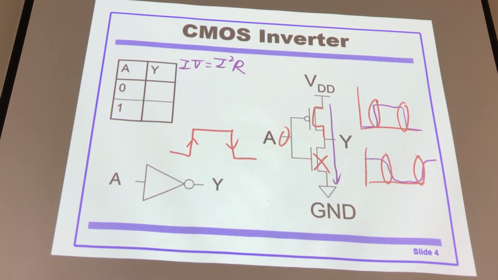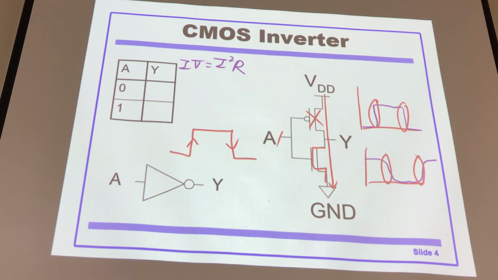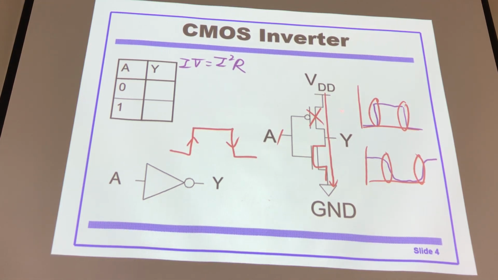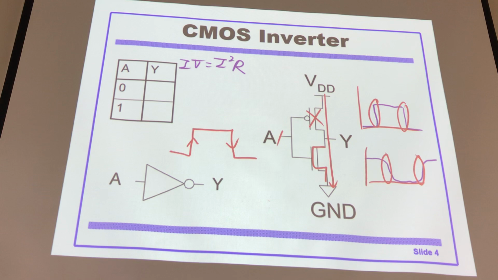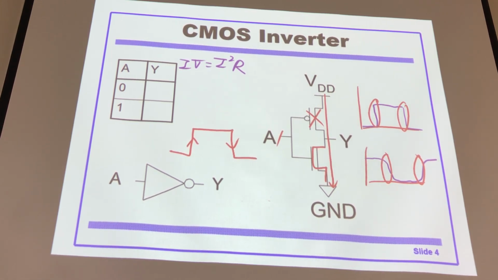And when A is 1, on the other hand, this one connects and this one is off. Again, almost no current going from VDD to ground, because in the path, it's off, it's disconnected. Not really totally disconnected, but there's almost no current going through.